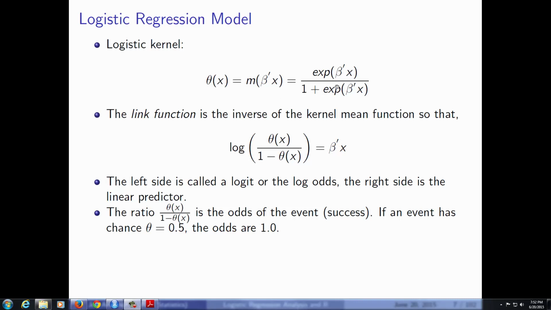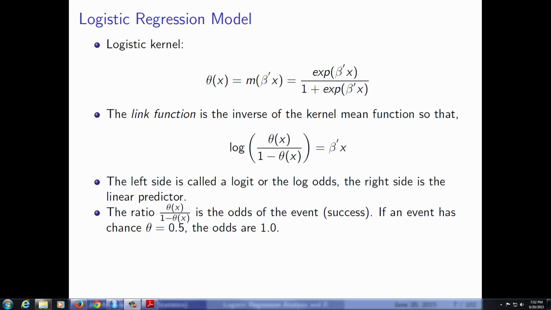You can re-express this function in terms of the linear predictor so that you can get the linear combination beta naught plus beta 1 times x1. All of that stuff can be expressed as the log of this fraction. And we haven't really ever probably talked about this kind of fraction before, but inside the parentheses here is a probability of the event happening divided by the probability the event doesn't happen.